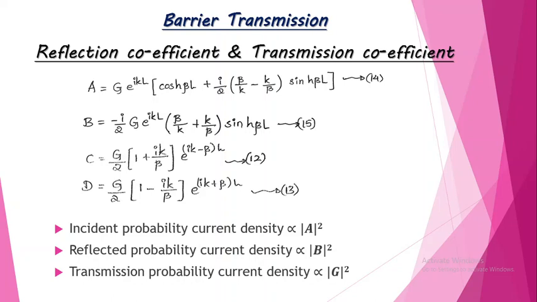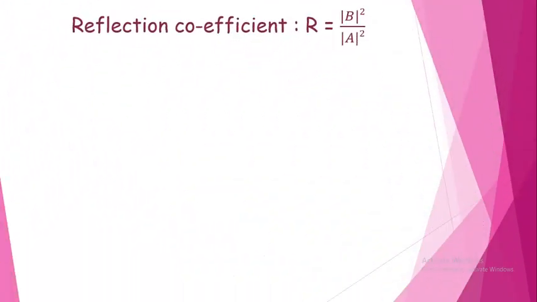Based on this knowledge, let us find out what the reflection coefficient actually is. Reflection is with respect to the incident wave as well as the reflected wave. When you take the ratio of the amplitudes of the reflected wave to that of the incident wave, we can find the reflection coefficient.